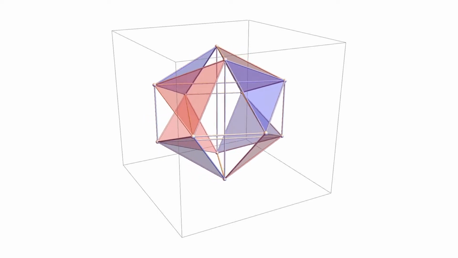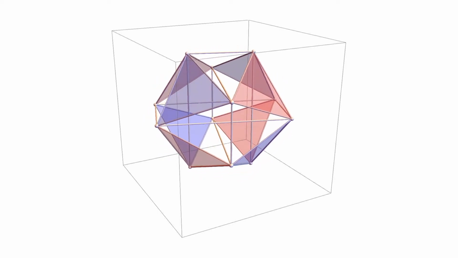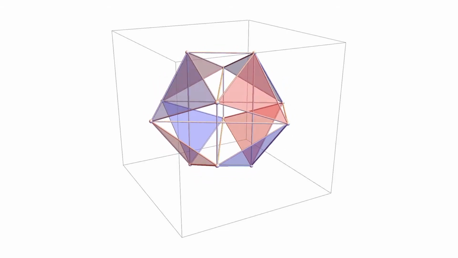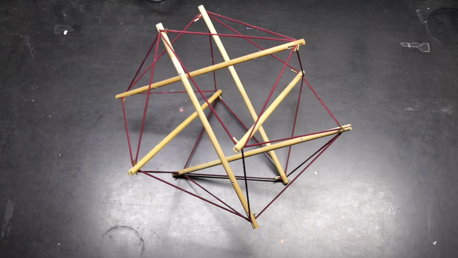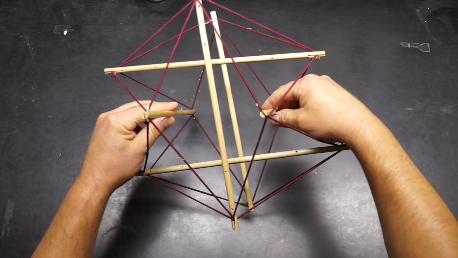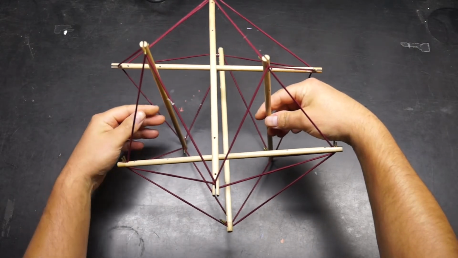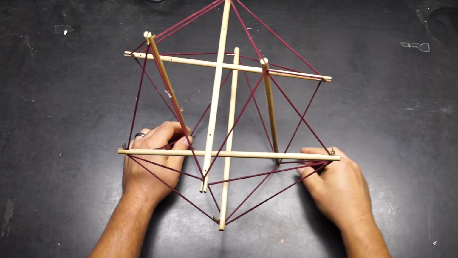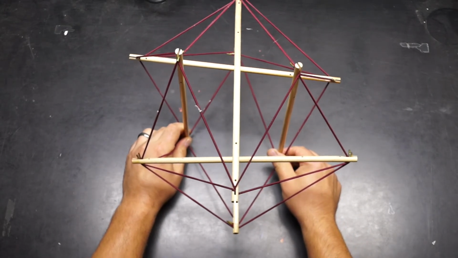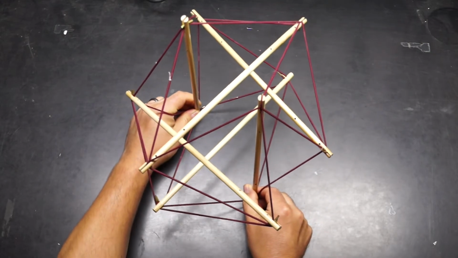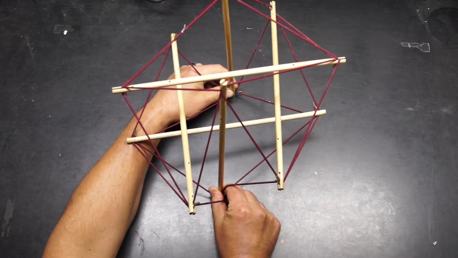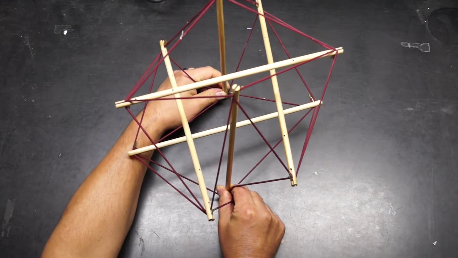The configuration of red and blue triangles forms a shape whose beautiful symmetries allow it to be used in the construction of this symmetric tensegrity. We can see in the tensegrity that the dowels are connected by pieces of elastic cord, and the symmetry holds the dowels firmly in place despite the fact that they don't touch each other.